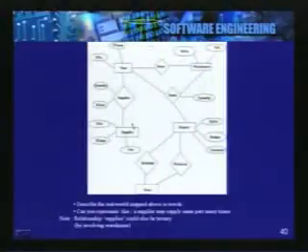Now, this is another useful example, and again you should be able to read and understand this diagram. I will just quickly tell you about the entities which are shown here. I have the supplier entity and I have the part entity, and naturally the suppliers supply these parts.